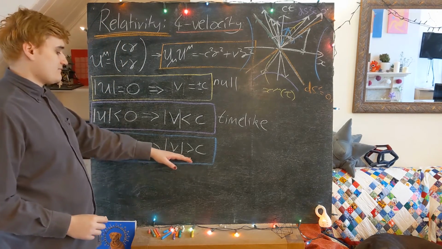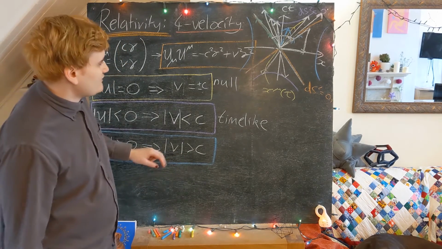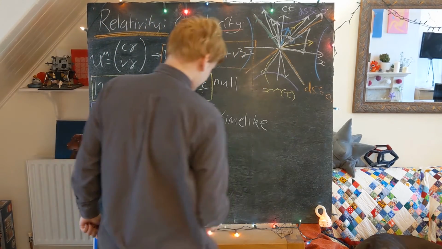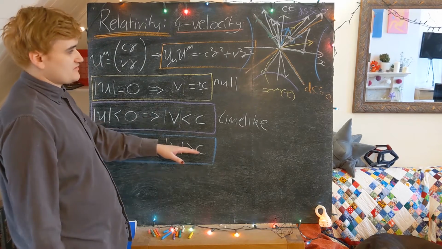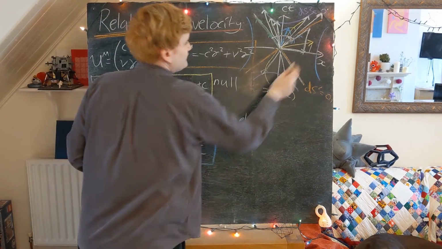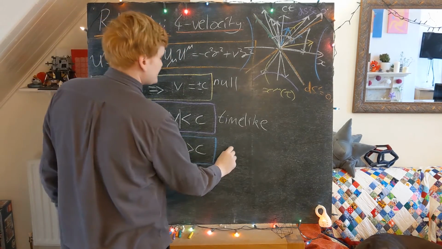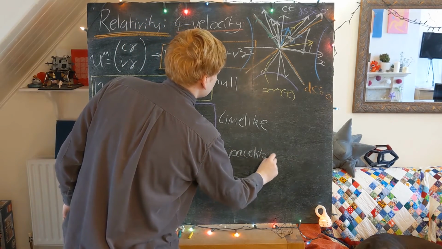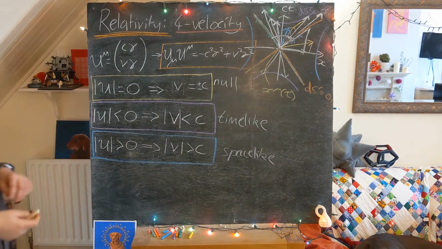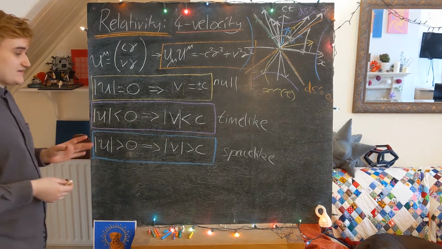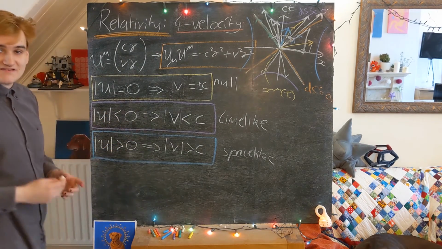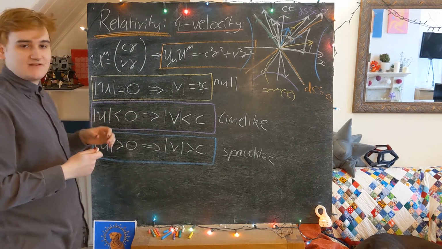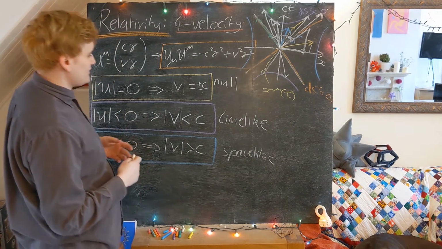And then for positive lengths, i.e. vectors that point outside of the forward light cone, corresponding to a coordinate velocity that's greater than c, we would say that these are spacelike vectors. One thing that we're going to see when we start talking more about kinematics is that the character of a world line is effectively fixed upon creation.